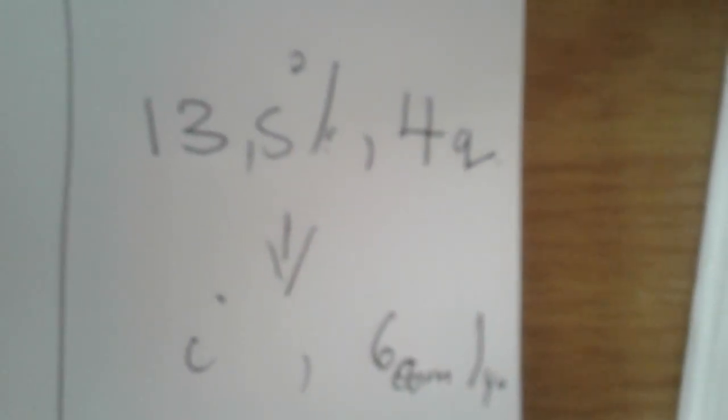So that is 6 compounds per year. So what do we do using a calculator? We want to change 13.5% per annum with 4 quarters into a rate with 2-monthly periods. So how do we do it?